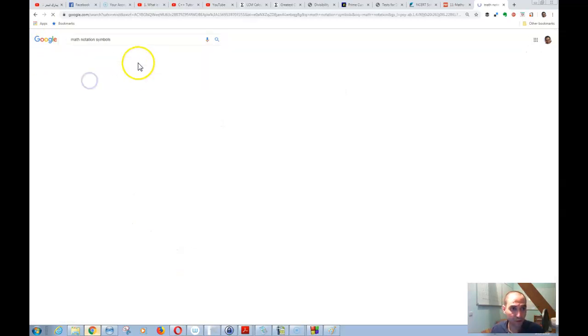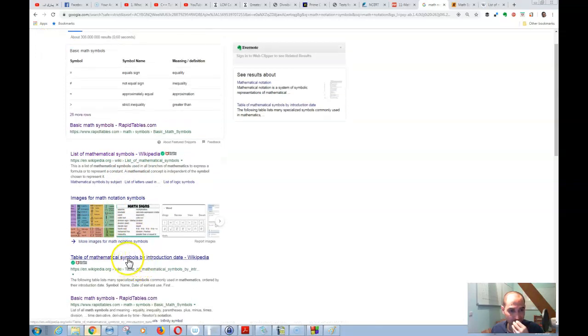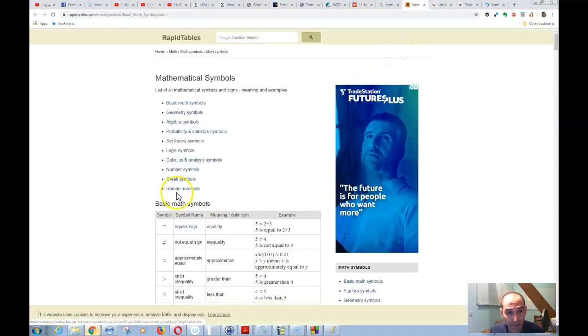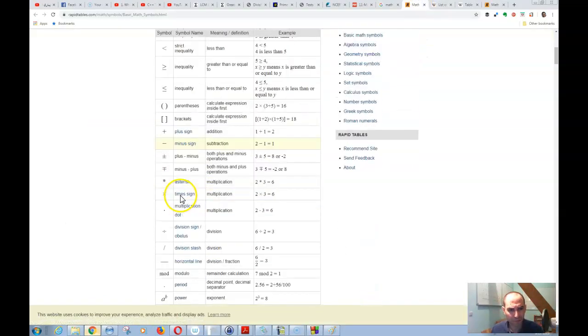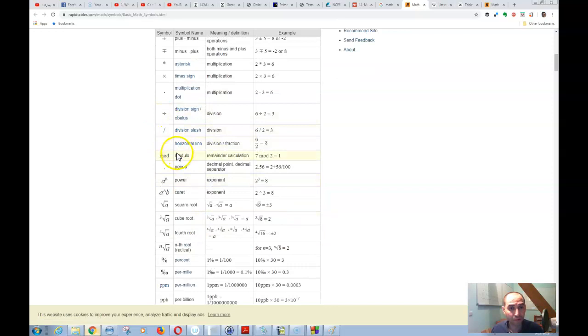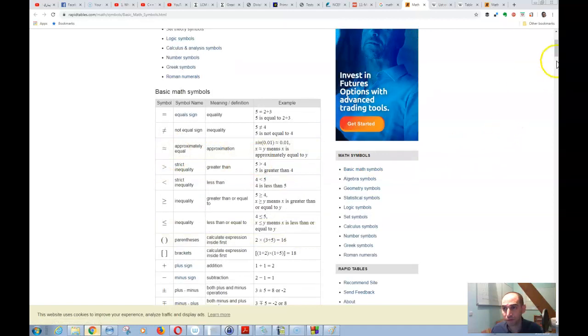Probably math notation symbols. Somewhere over here. Let's see what these are.